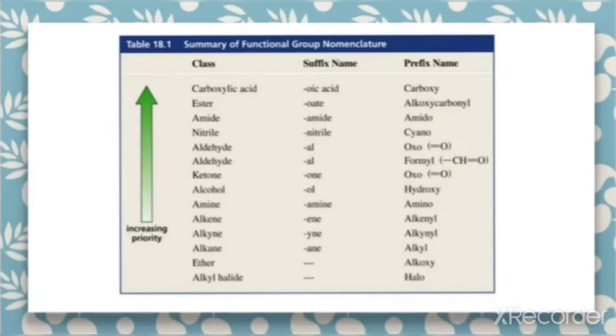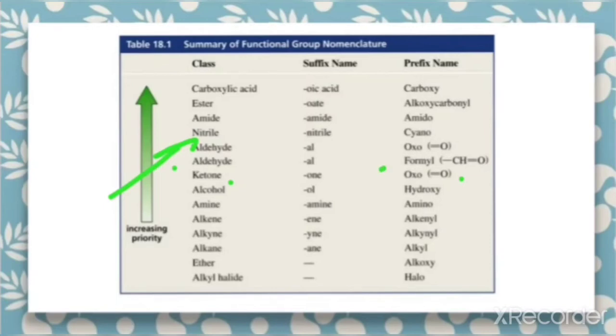If carboxylic acid and aldehyde groups are present in an organic compound, then we have to give more importance to carboxylic acid. And if aldehyde and ketone groups are present in an organic compound, then we have to give more preference to aldehyde. At that time the ketone group acts as a substituent, and we have to name it with the prefix oxo.